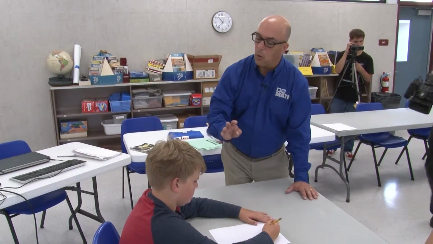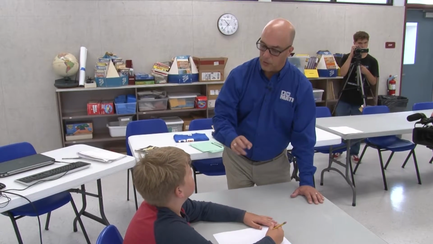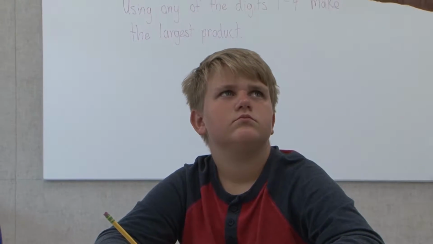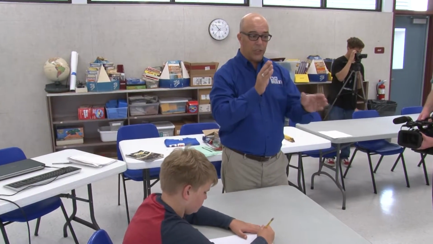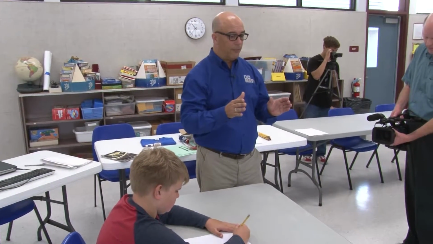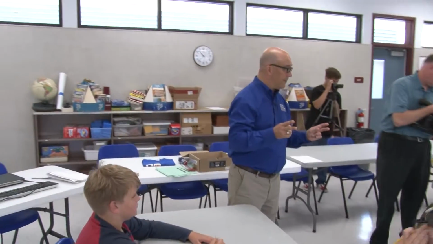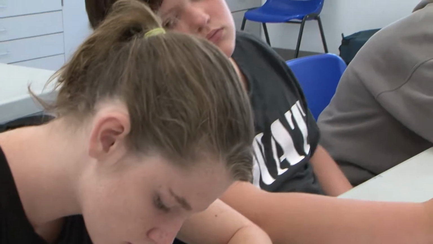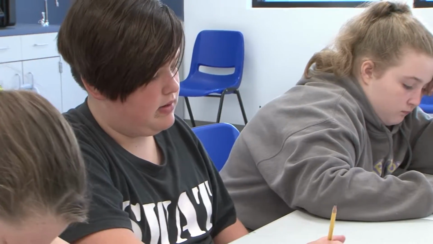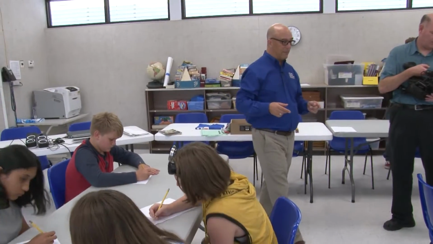So you want to use all 4 numbers if you can. So you would have to do how could you make a bigger number? Instead of multiplying a single digit by a single digit, what else could you do? Could you multiply a 2-digit by a 2-digit? You could. Then that's going to get you a bigger number, isn't it? Okay, so go ahead and think about that if you haven't done that yet.